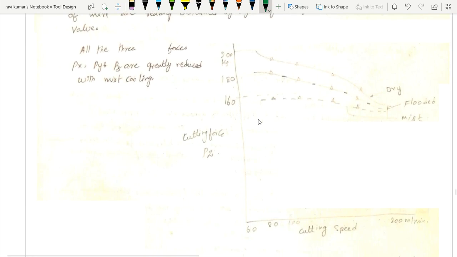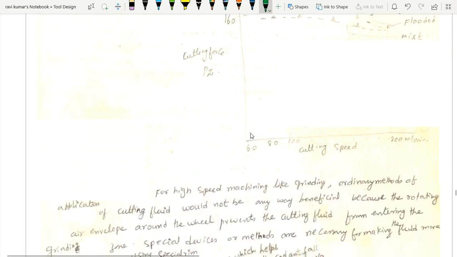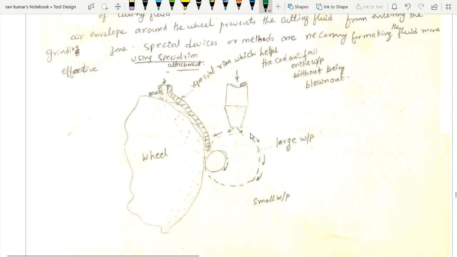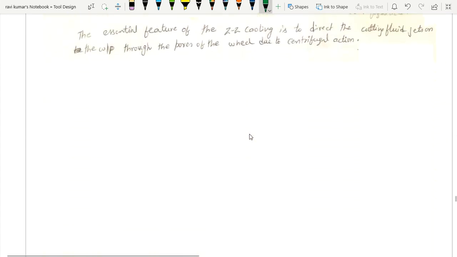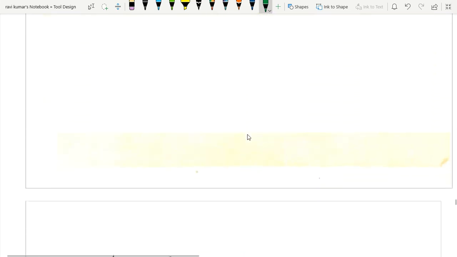See, this mist application is found to reduce the cutting forces Px, Py as well as Pz. Right? You may find Pz. So when I have the mist application, the force seen in the cutting region, Pz, has been reduced from 200 to 160. Right? This is regarding the methods of applying the cutting fluids.